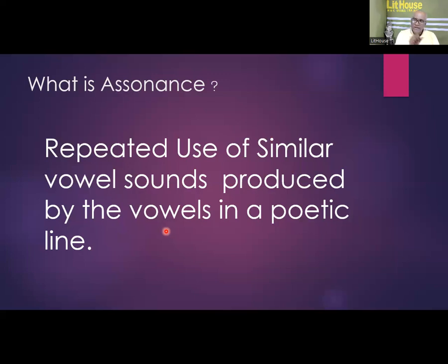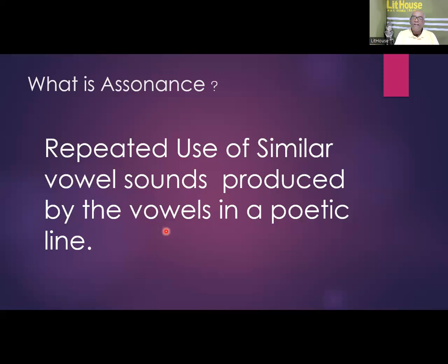Now, to understand this definition, you have to be familiar with the sounds produced by the vowels of the English alphabet. Most often we pay attention to the English letters, but we rarely pay attention to the sounds produced by those letters.